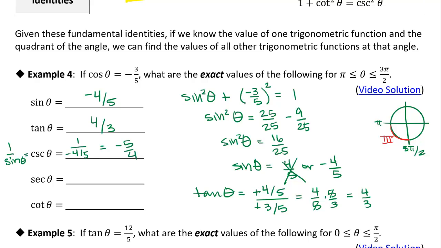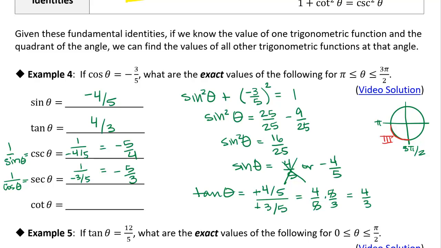And then the secant is 1 over cosine of theta. We were given the cosine, negative 3/5, so again it's just the reciprocal, and I get a negative 5/3.